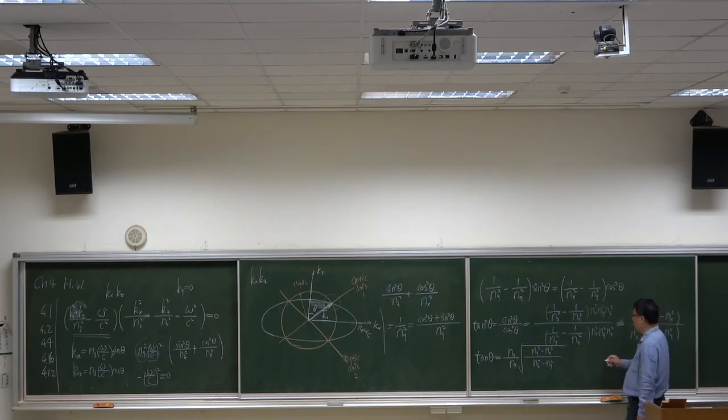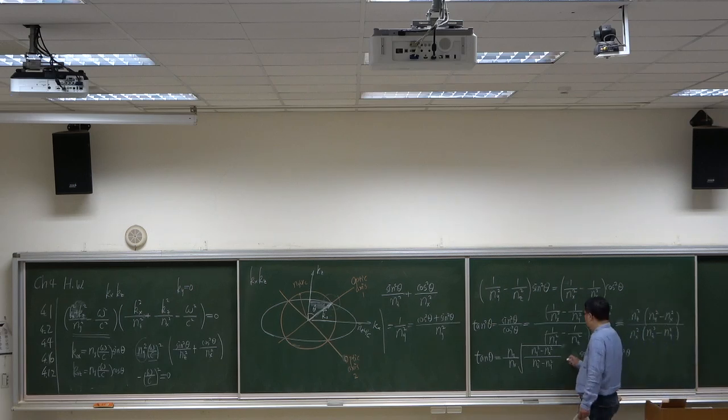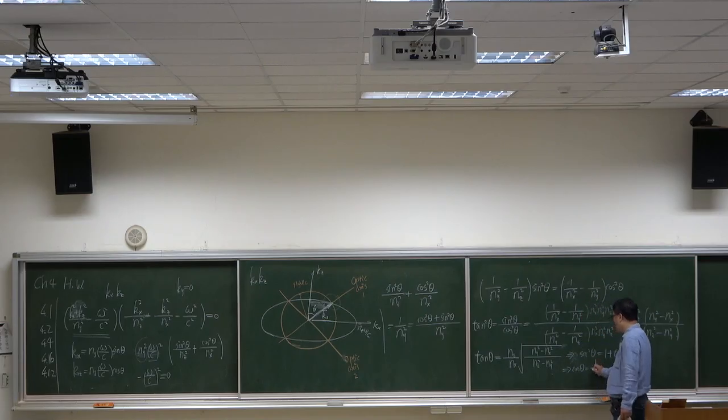And once we know tangent theta, we can know secant theta. Secant squared theta is 1 plus tangent squared theta. And once we know secant, we know cosine, because cosine theta is 1 over secant theta.